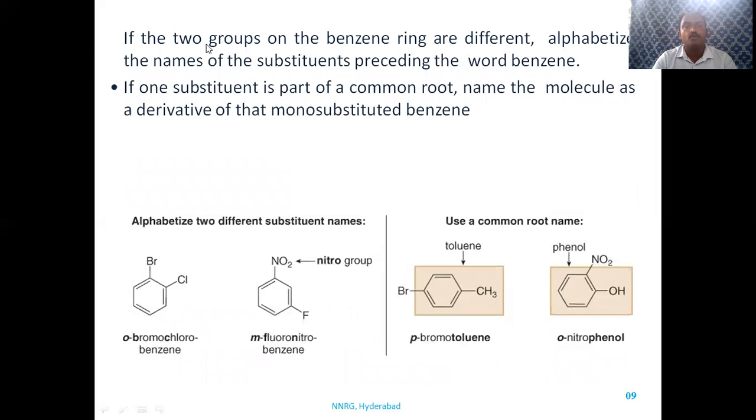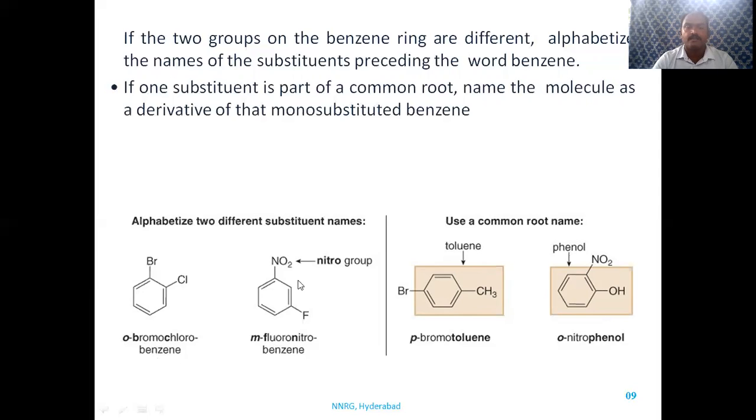If the two groups on the benzene are different, for example bromine and chlorine, or nitro and fluorine, the name of the substance should follow alphabetical order, and the suffix should be benzene. If we take the example of this molecule having bromine and chlorine at the 1 and 2 positions, bromine has the alphabet B and chlorine has C. So bromine comes first and chlorine comes next, and we call it ortho-bromo-chlorobenzene.